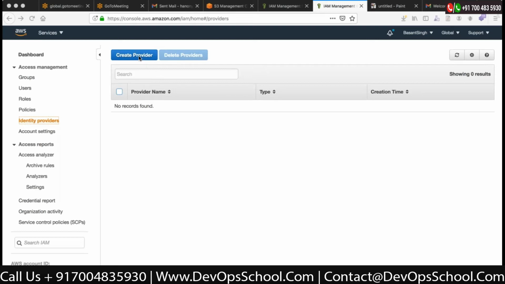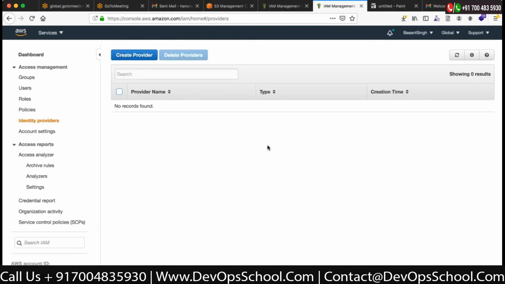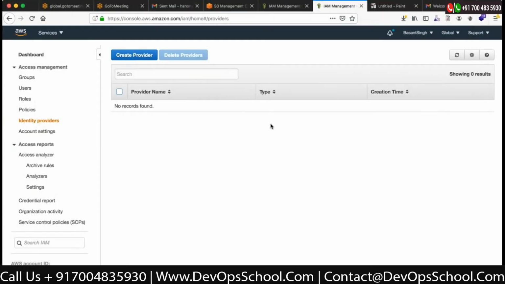We can create an identity provider, but when you click on create identity provider, we need a SAML document to be uploaded, and when you upload it, it will take your identity information from that SAML provider.